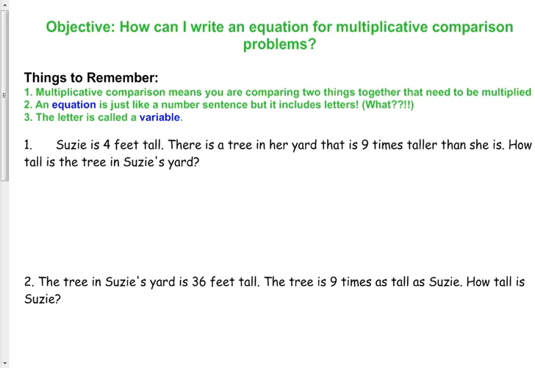Susie is 4 feet tall. There's a tree in her yard that is 9 times taller than she is. How tall is the tree in Susie's yard? Well, let's take a look. I'm going to use writing to help me with this equation. First, as always, we're circling the important words.